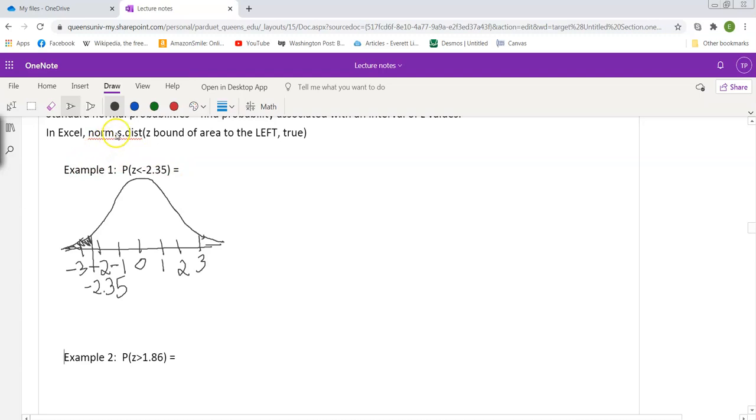So the way this Excel function works, and the function is norm.s.dist, you have to tell it the value of z where you want the area to the left of it. Okay, so in this example, we're going to be using norm.s.dist negative 2.35.